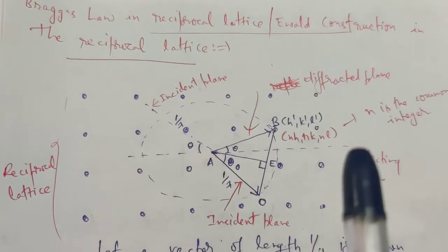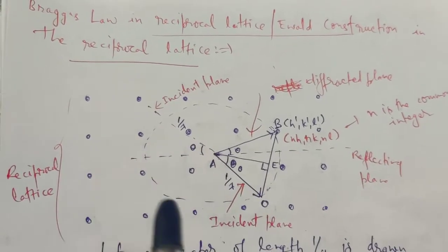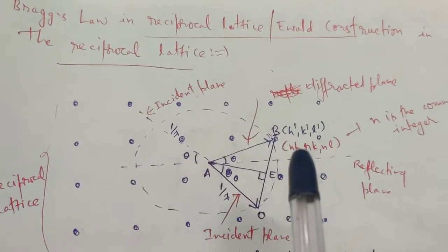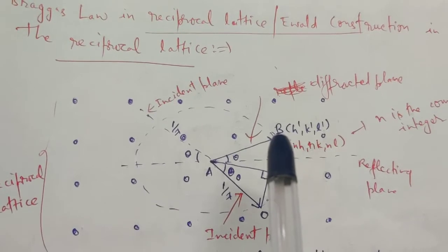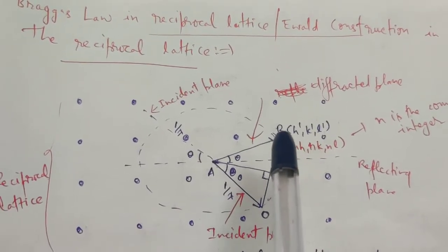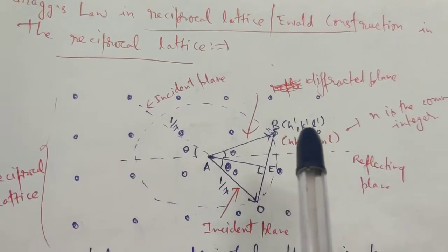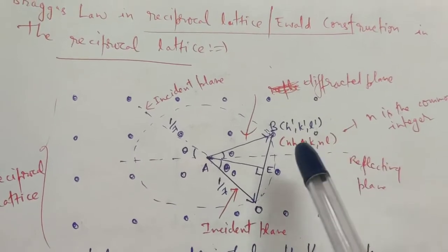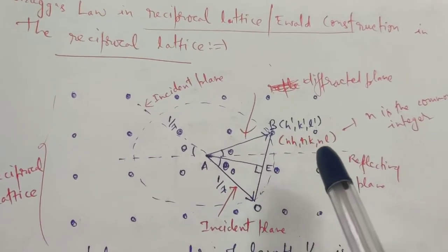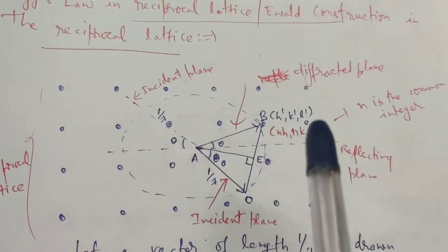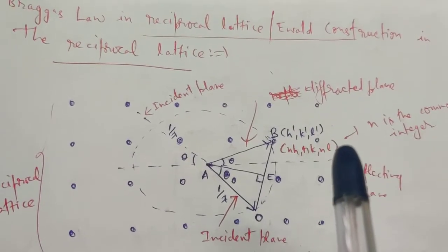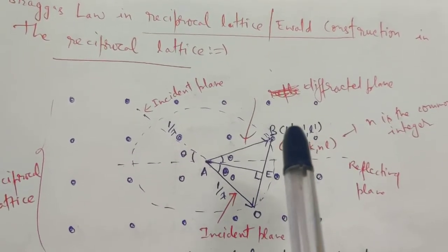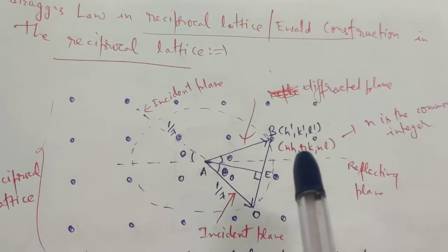Now let us consider that this circle intersects a reciprocal lattice point B having Miller indices h', k' and l', which can also be written as nh, nk, nl, where n is the largest common integer between the prime and non-prime Miller indices.